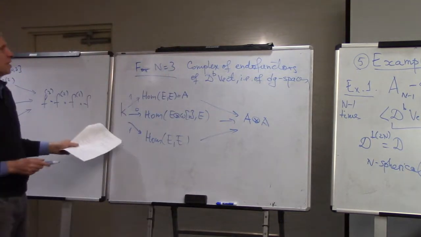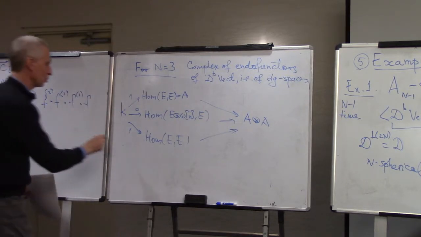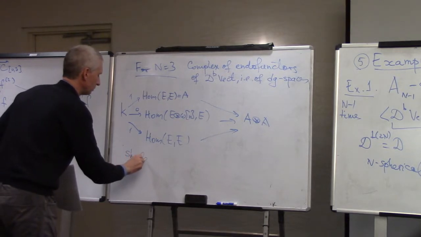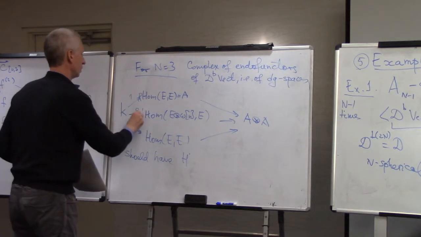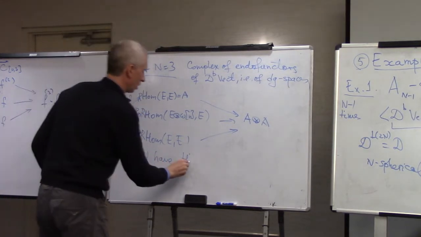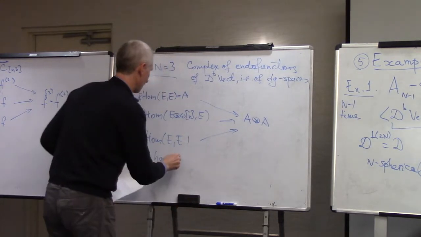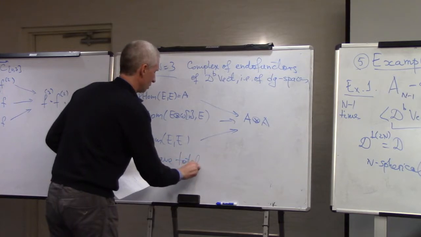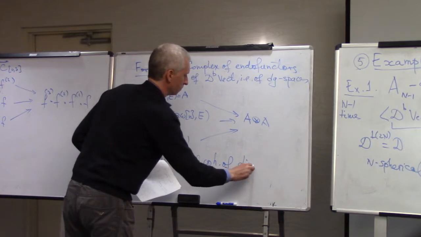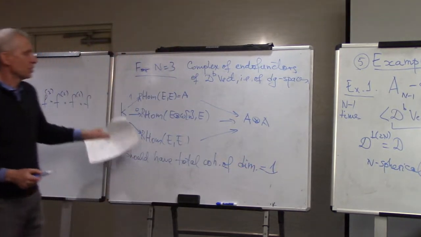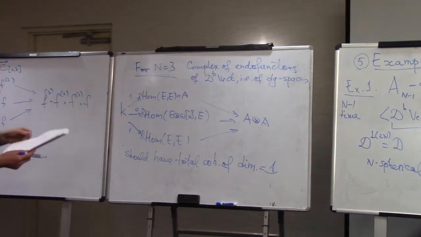We want this to be an equivalence, which means this complex should have total cohomology of dimension 1. Homology in only one degree, and in that degree it should be equal to 1. So that tensoring with this DG space would be an equivalence of categories.